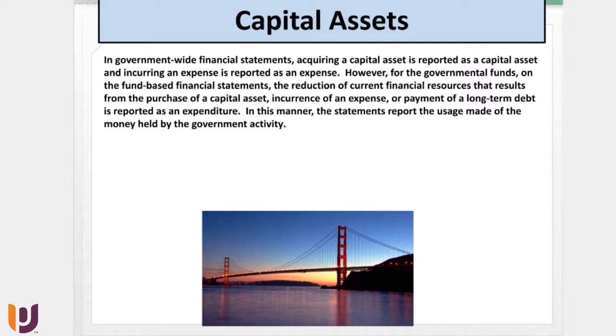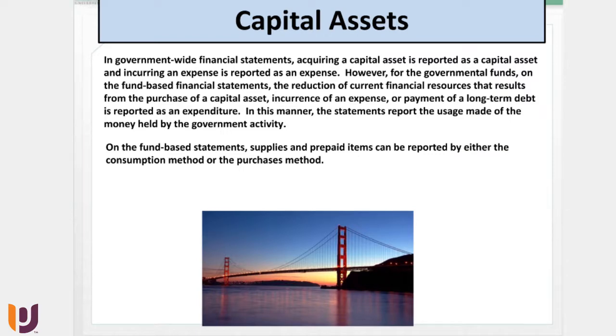However, for the governmental funds on the fund-based financial statements, the reduction of current financial resources that results from the purchase of a capital asset, incurrence of an expense, or payment of a long-term debt is reported as an expenditure. In this manner, the statements report the usage made of the money held by the government activity.